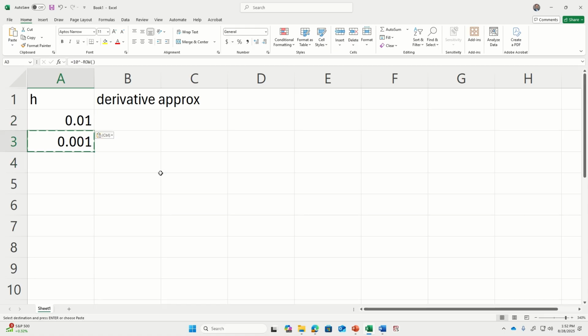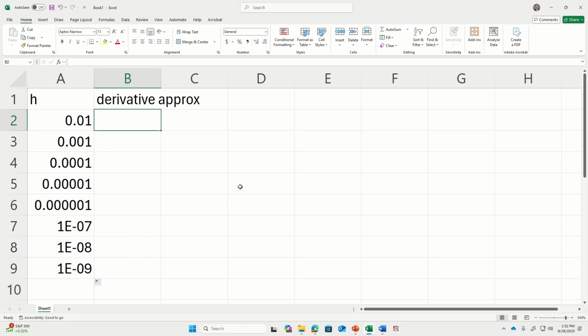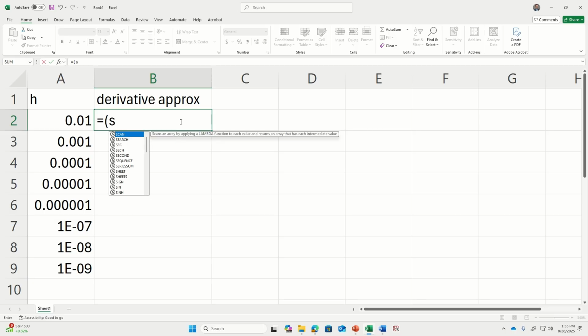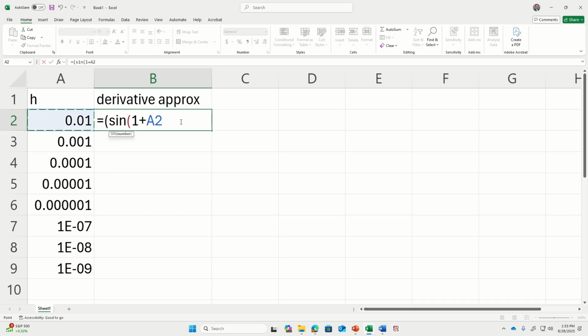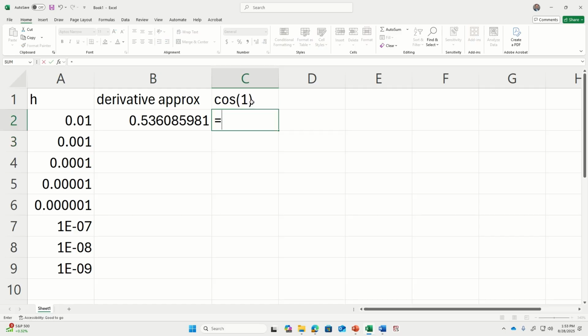This will make it easier for me to get smaller and smaller values of h. Now the derivative approximation is basically an approximation of the cosine of 1, but we're doing it by taking sine of 1 plus h minus sine of 1, divided by h. And then we'll find what cosine of 1 actually is.